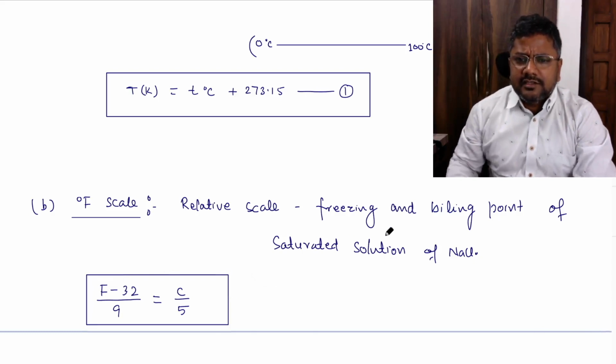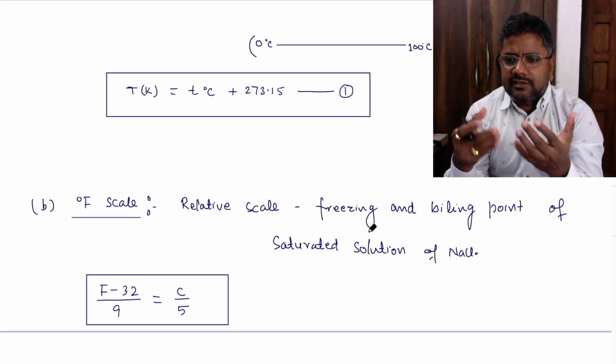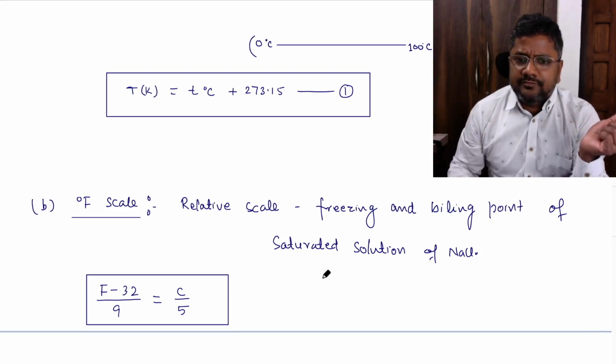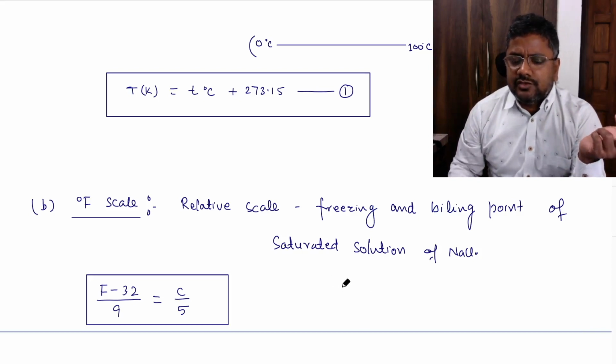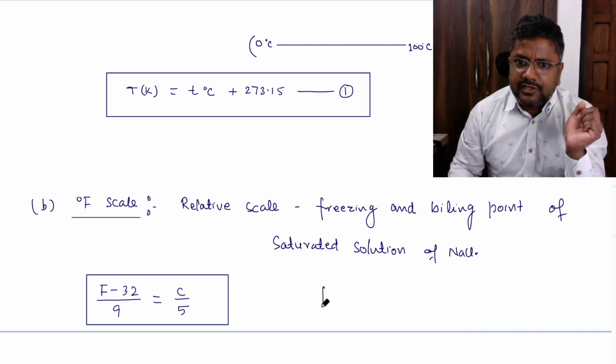See, initially it was defined with respect to this, but nowadays with respect to water also you can take that the freezing point of water is 0.00 degrees Celsius, that is equal to 32 Fahrenheit.